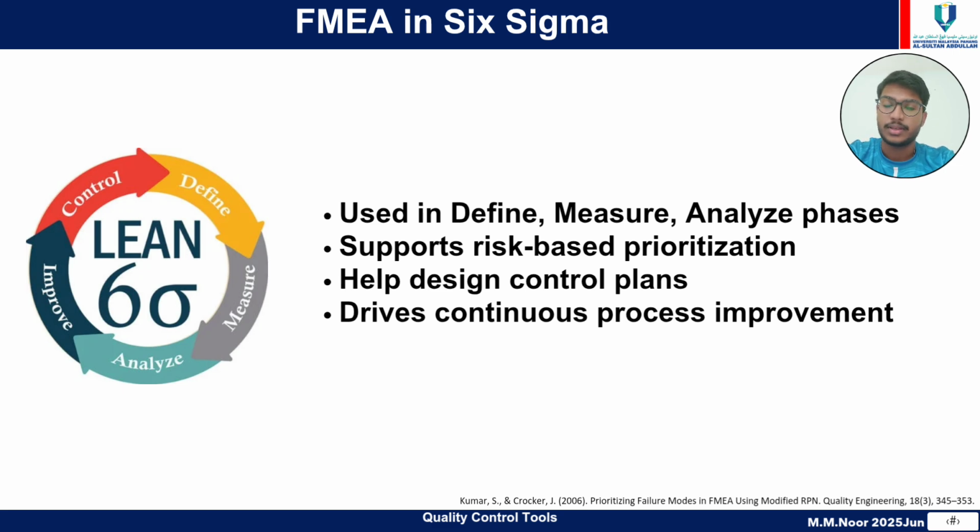In analyze phase, FMEA becomes a key tool to prioritize failure modes based on risk, the RPN number, and guide root cause analysis. So it's even implemented later in improve and control phase, where it helps define corrective actions and becomes a basis for control plans, visual inspections, as well as standard work.